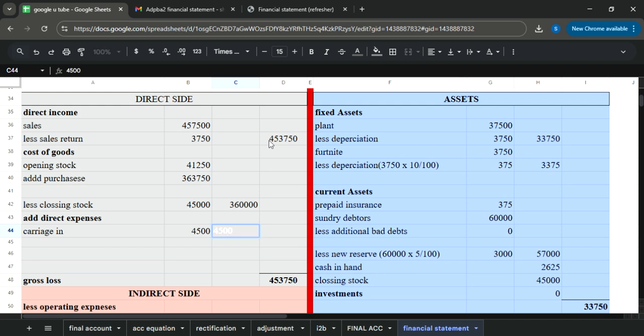So total of direct expenses 4500. Over here you will calculate your total cost of goods sold, which is 3,60,000, and then 4500 total of direct expenses. We have got our cost of goods sold.